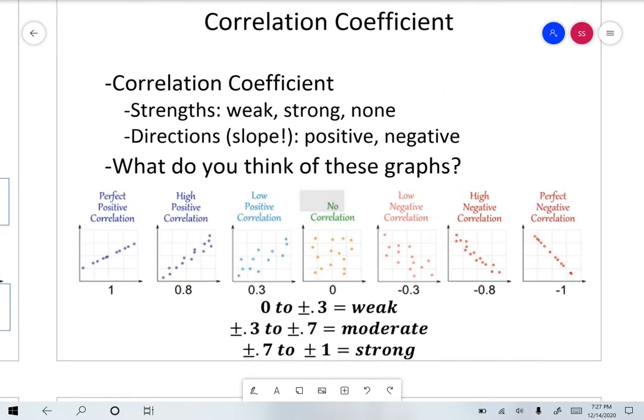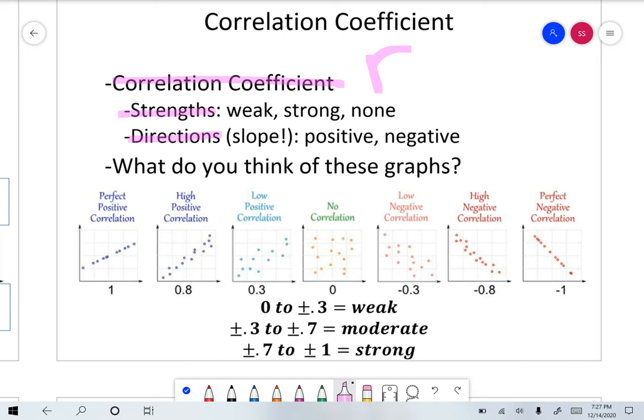This would be a fantastic thing to write down, and it does not have to be word for word. You don't have to draw the graphs perfectly. But all this information is very important. Again, the correlation coefficient, which is noted by R, we're talking about strength and direction.